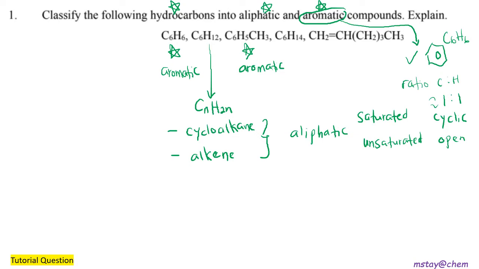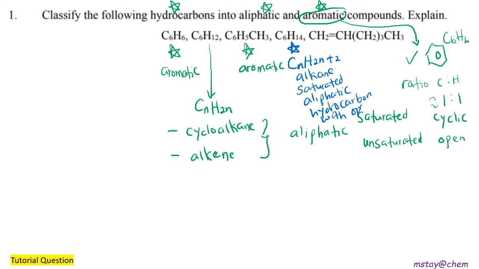Then next we will continue with C6H14, where the general formula is CnH2n+2. So this is the general formula for alkane. This C6H14 is a saturated aliphatic hydrocarbon with open chain.